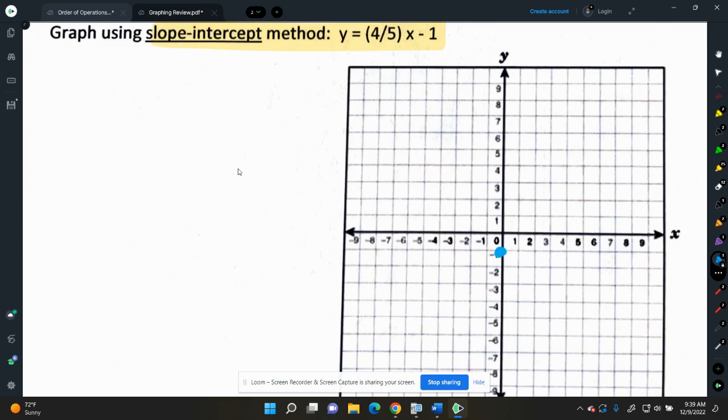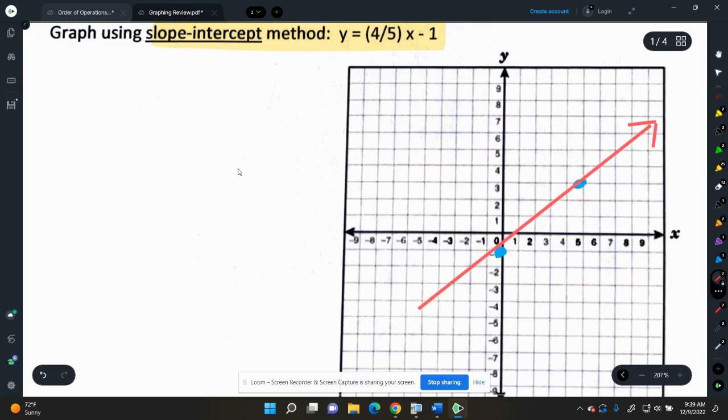To the right. Good. Up 4, over 5, and here is my line. Don't forget to put your arrows on the ends of them. Is that line representing a positive or a negative slope? Positive. And should I have a positive or a negative slope? Positive. This is a positive number, so it should be a positive slope.